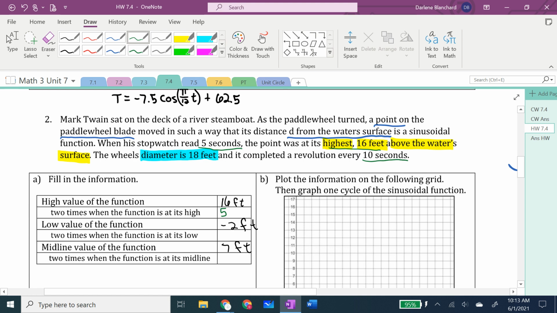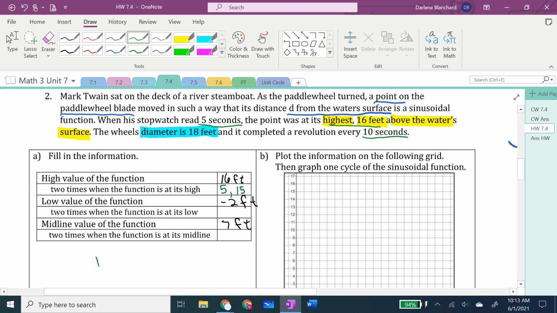It gives me 10 seconds. And it tells me that it completes a revolution every 10 seconds. That actually means that the second time it's at its highest point will be 10 seconds later. So I'm dealing with having a period of 10 seconds.